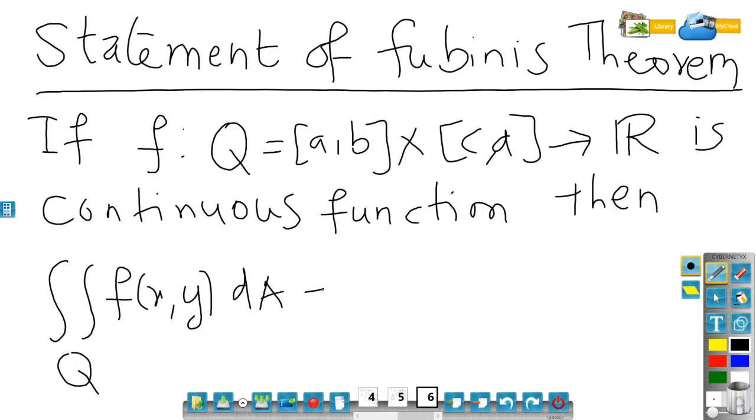Let me use this double integral symbol. It is the same as your iterated integral.